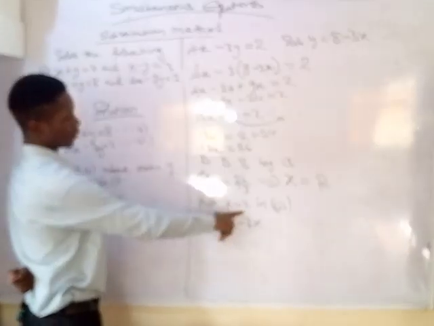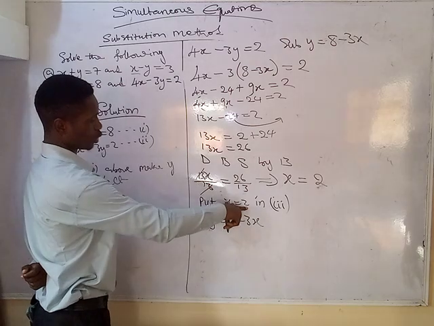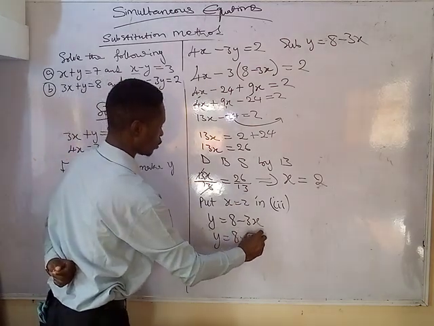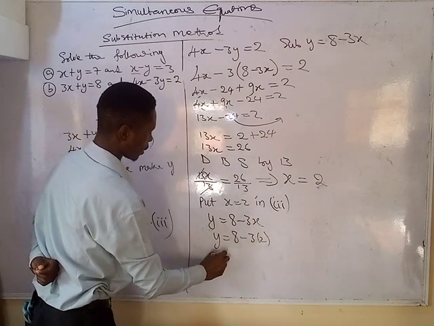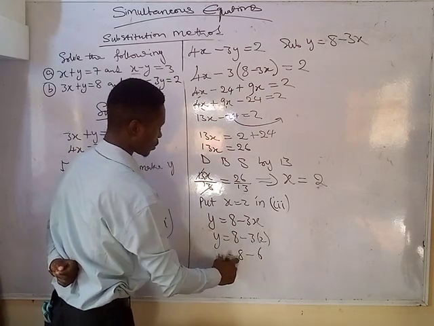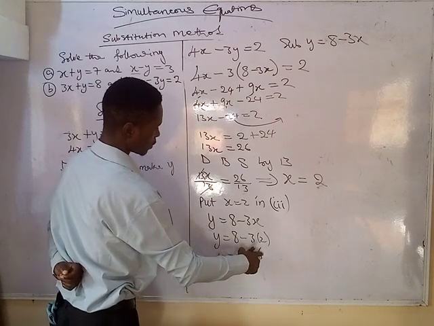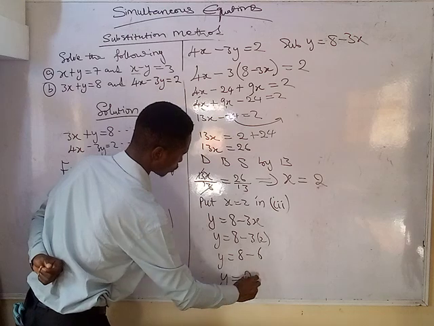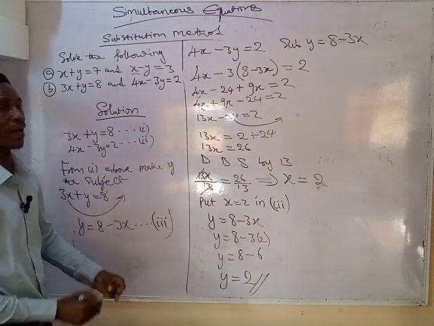Since we are replacing x with 2, y is now equal to 8 minus 3 into 2. So y is equal to 8 minus 6. If we subtract 6 from 8, we have that y is equal to 2. And that is our answer.